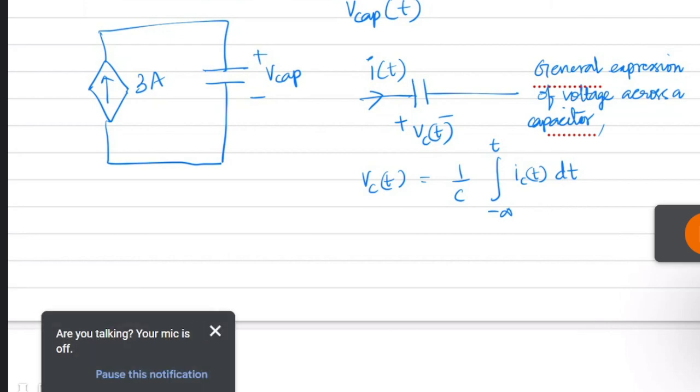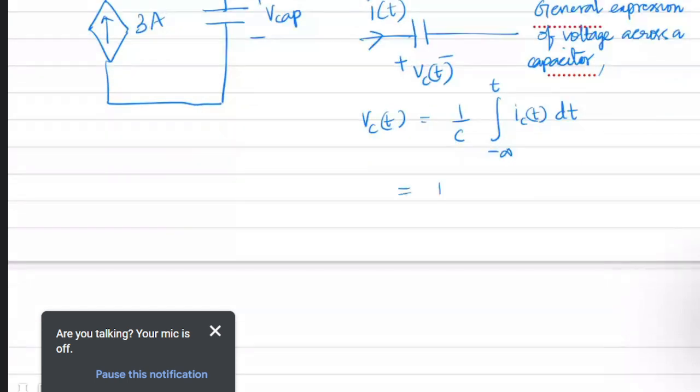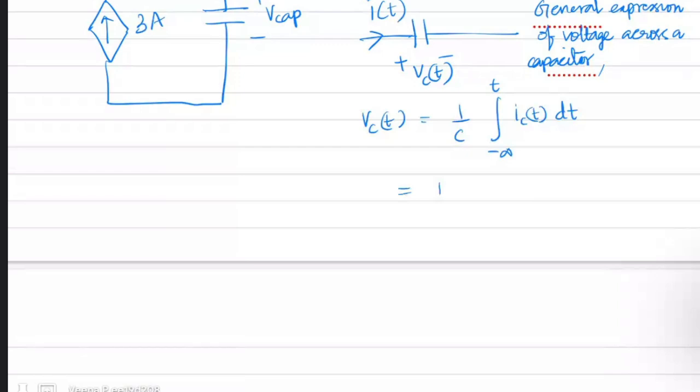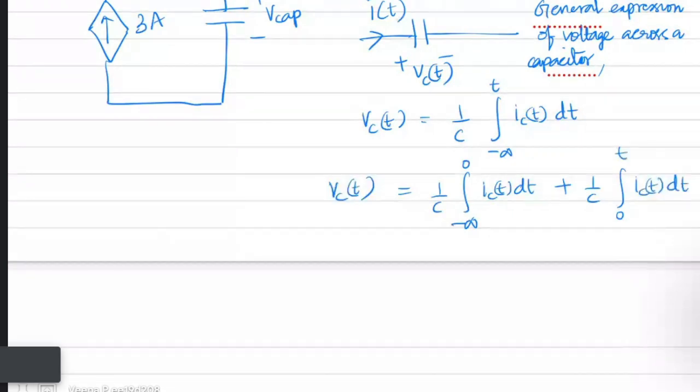Now let us split the integrals. So this is 1 by c integral minus infinity to 0 Ic of t dt plus 1 by c integral 0 to t Ic of t dt. So this is the expression of capacitor voltage. Now this part is your initial voltage, which is Vc of 0 minus.